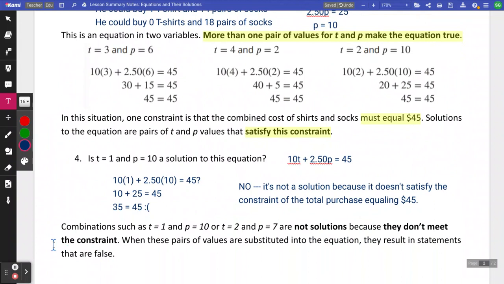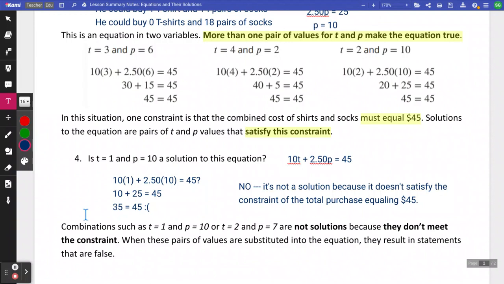The combination of t equals 1 and p equals 10, or other combinations like t equals 2 and p equals 7, are not solutions because they don't meet the constraint. When these pairs of values are substituted into the equation, which is what we did right here, we see that they result in statements that are false. We know 35 does not equal 45.